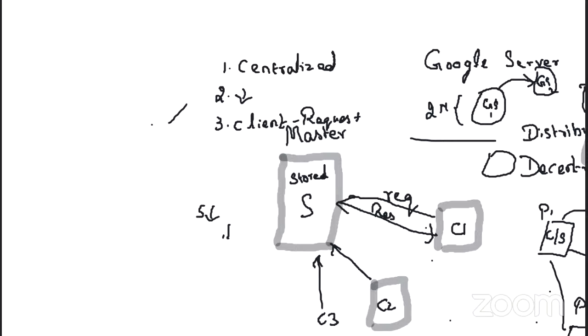For example, if you are in an Asian country, the request will only land on the server which is nearer to you. And if that particular server is overloaded, the request will be forwarded to the next server.